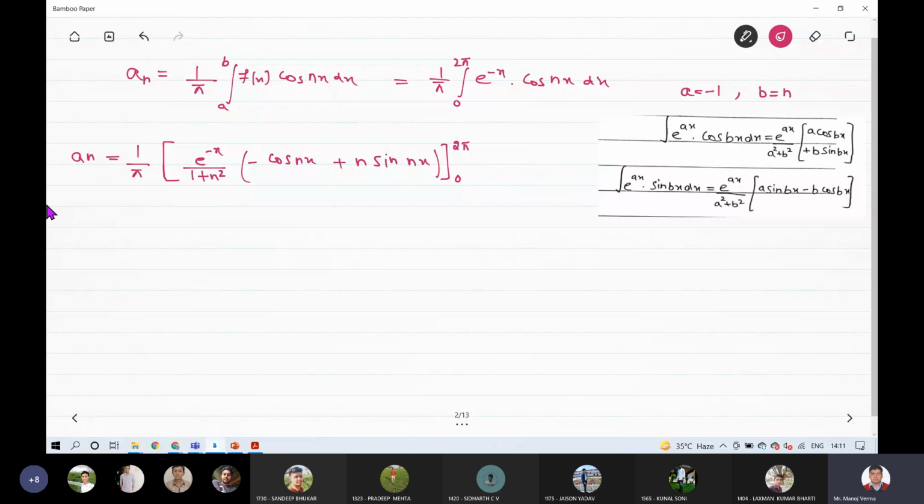Okay. If I use this formula, this integral will simplify to this one.